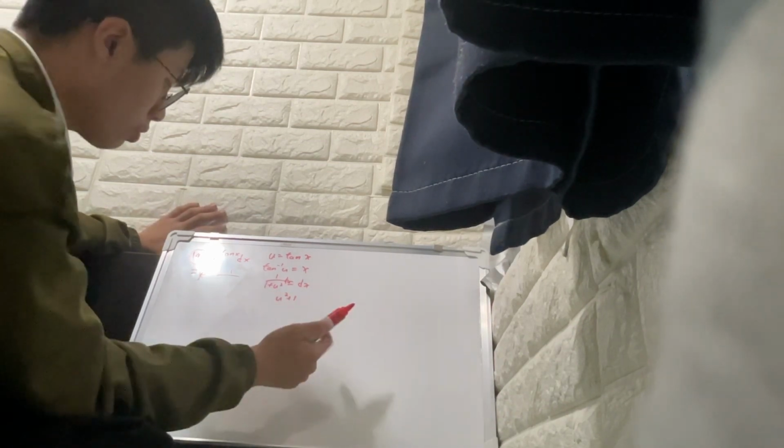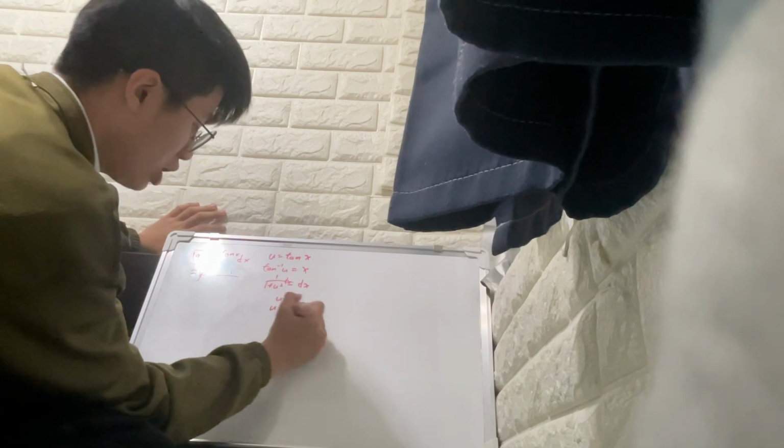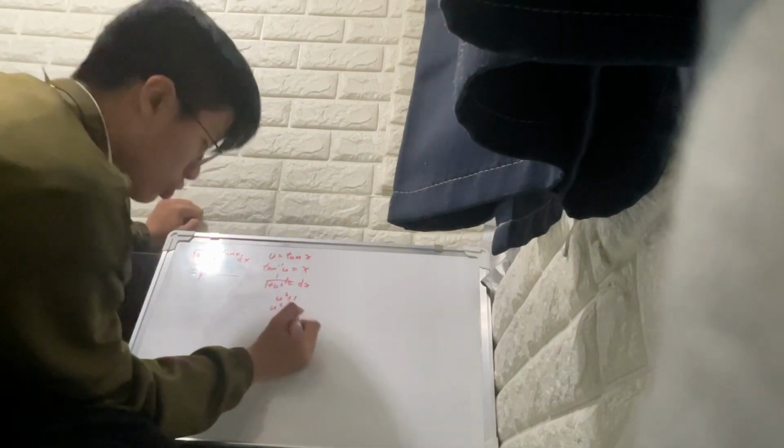I'm going to use some partial fractions here. U squared plus 1, let me write as u squared minus i squared, and i squared, you know, is negative 1, so you need a negative sign here to get the original back.